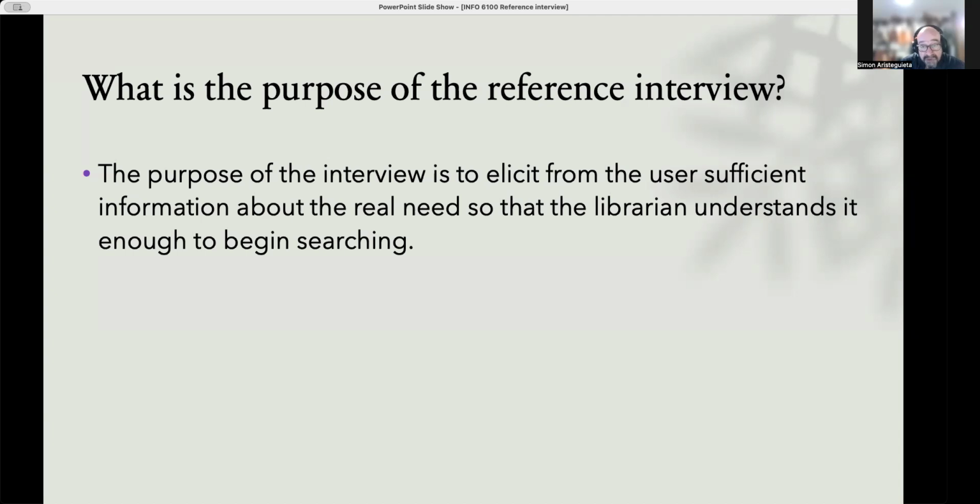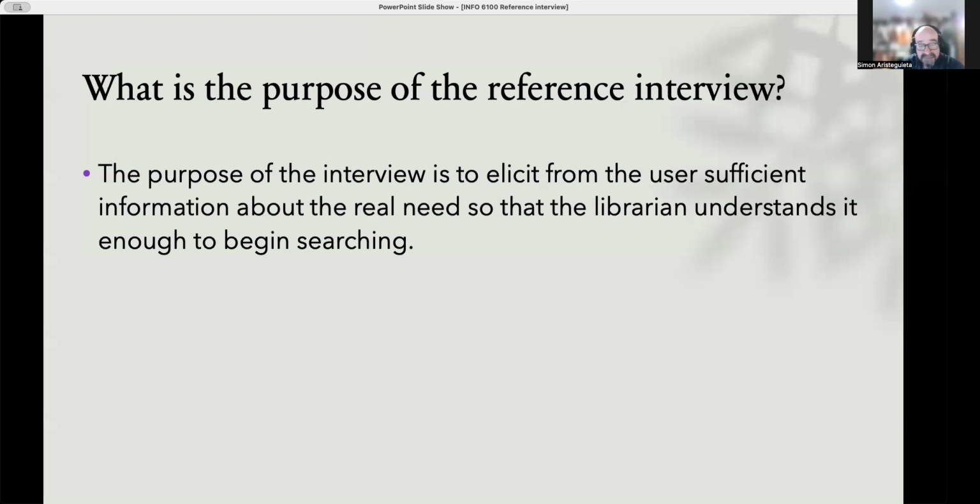Why do we need to know that? Why do we need to know the information need? We need to know the information need so we can help the user get to the sources that will address the information needs. That's the whole point of the reference interview, okay? It's an interaction between two people, the user and the reference librarian.